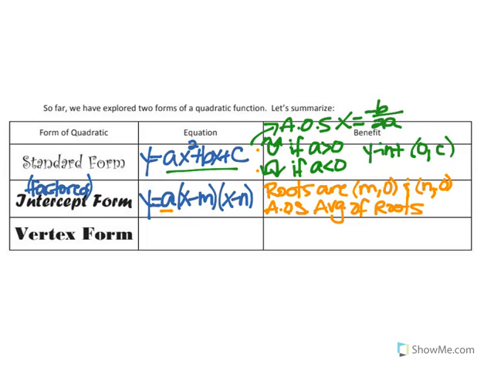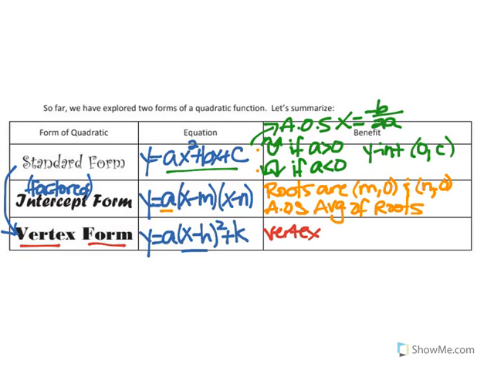So our final form here is vertex form, and the one thing, we're going to write the benefit first here, we can pick out the vertex. And what we've been doing is going from standard form to vertex form by completing the square. So we've factored out something in front. I've got a(x minus h) squared plus k.